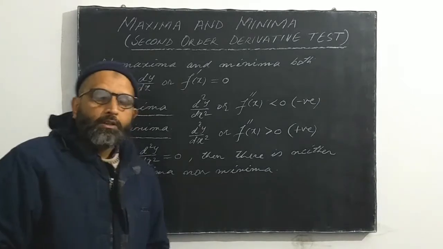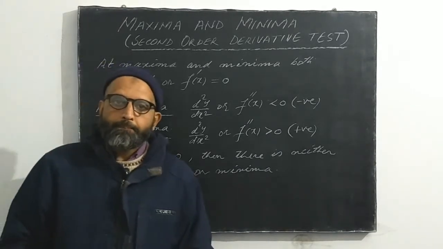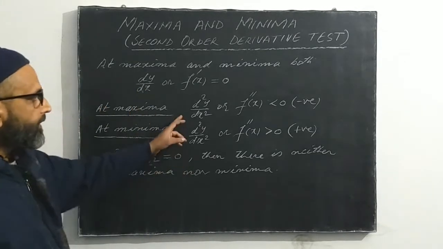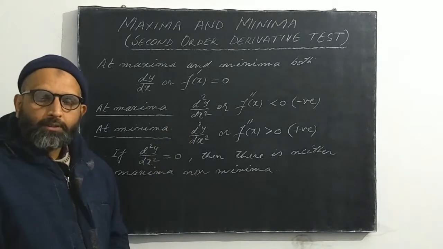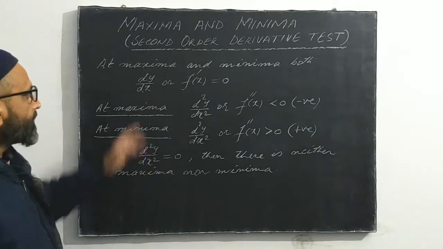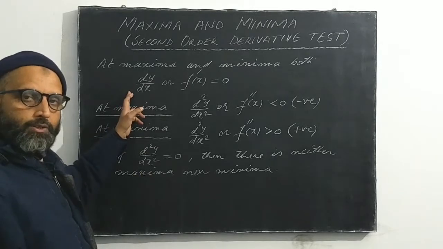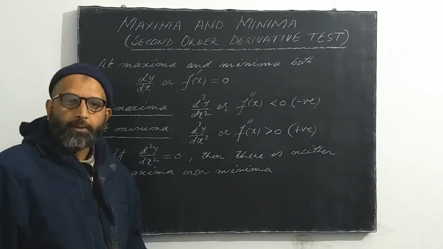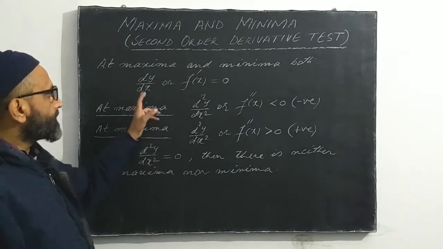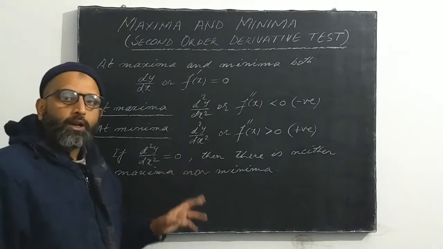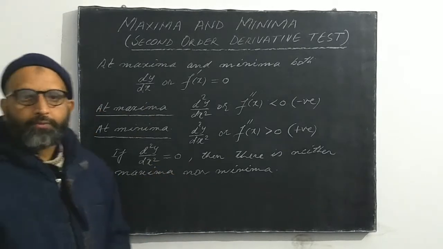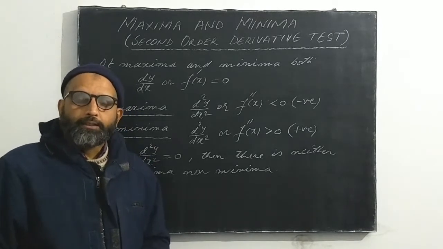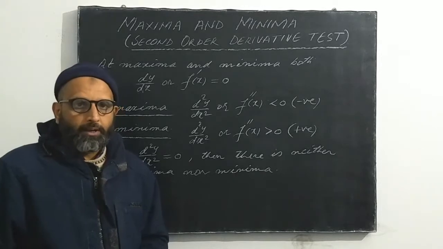So the point at which the first order derivative is 0 and second order derivative is negative is called maxima, and the point at which the first order derivative is 0 and second order derivative is positive, that is called minima, and the point at which the first derivative and second derivative both are 0, that is called point of inflection. So the point of inflection is a point at which a function has neither maxima nor minima.